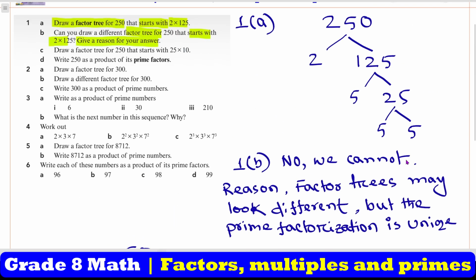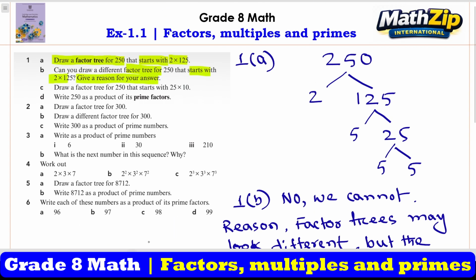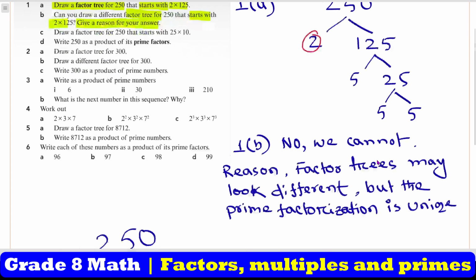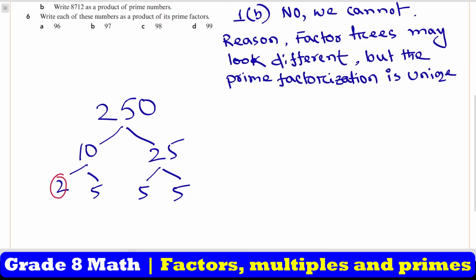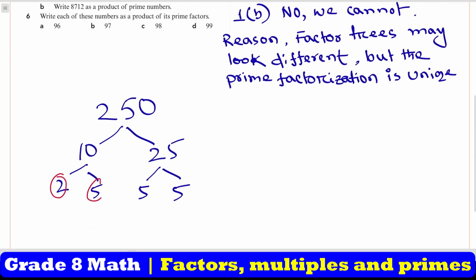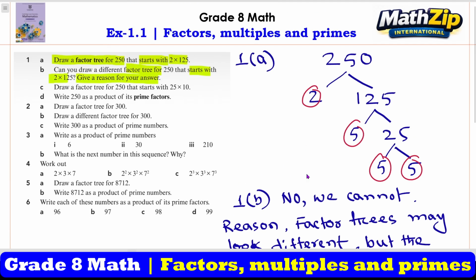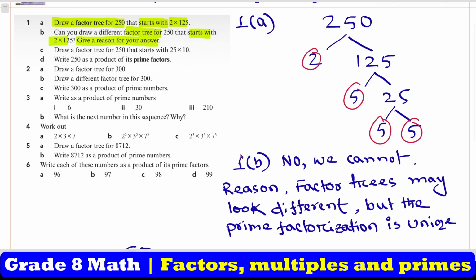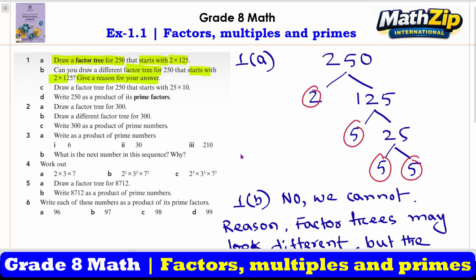Now if we compare with these, here is a 2 one time, here is also 2, and then 5, 5, 5, three 5s. Same thing here, 5, 5, 5. So the prime factorization is unique. So we cannot draw a different factor tree for 250.